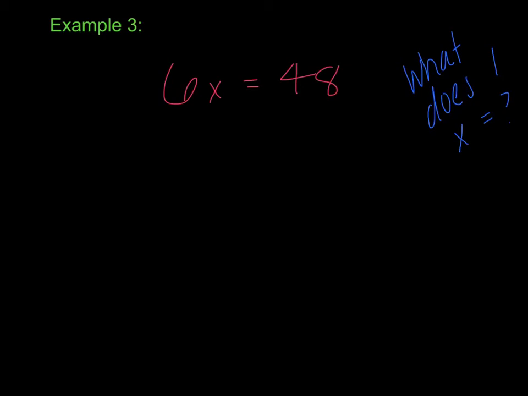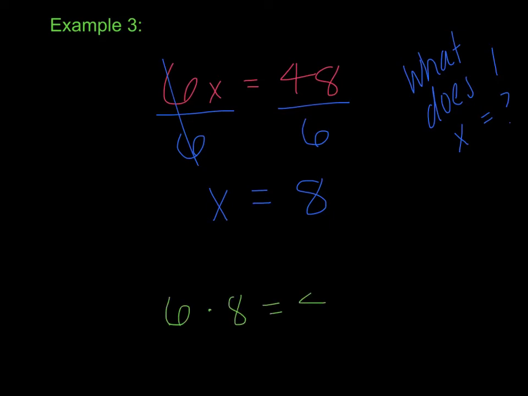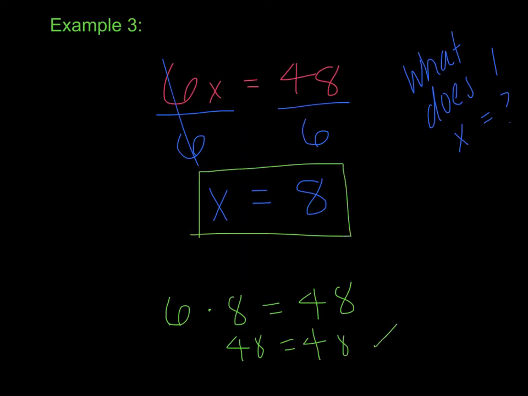So if 6 times x is 48, divide both sides by 6, and that gives you x equals 8. And just to check to see if you are right, 6 times 8 is 48. Yes, that's correct. So we were correct. x does equal 8.